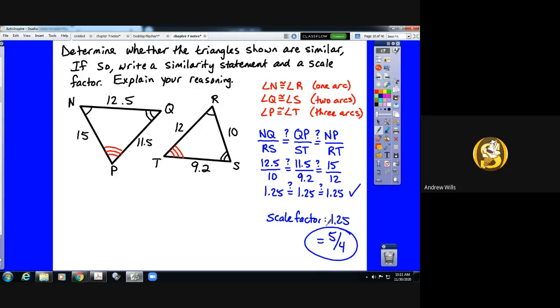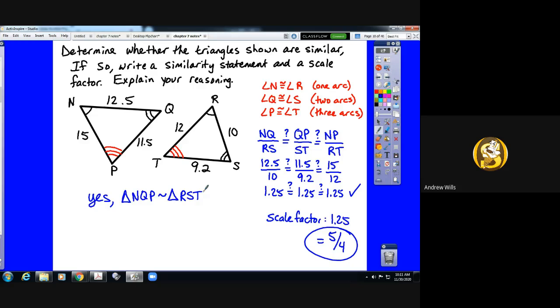So this question we would say, yes, triangle NQP is similar to triangle. Now, when we name the second triangle, it has to match up. So since we did N first, R has to come first. Since we did Q second, S has to come second. Since we did P last, T has to come last.